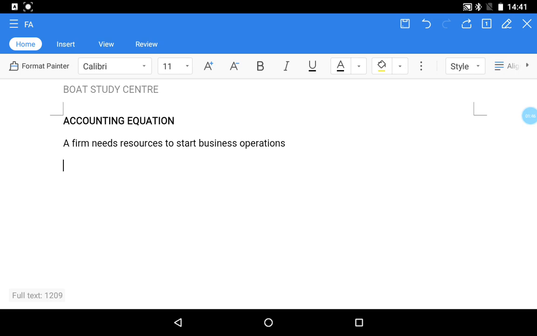And remember, there is someone, you, the person who is going to start the business, or someone else. That person comes and provides those resources. Here we have the owner provides resources.